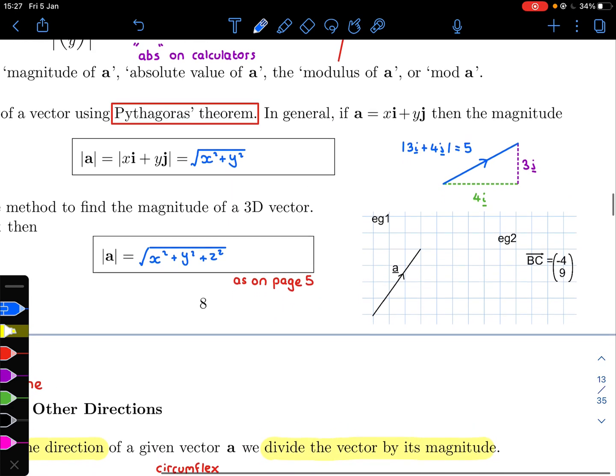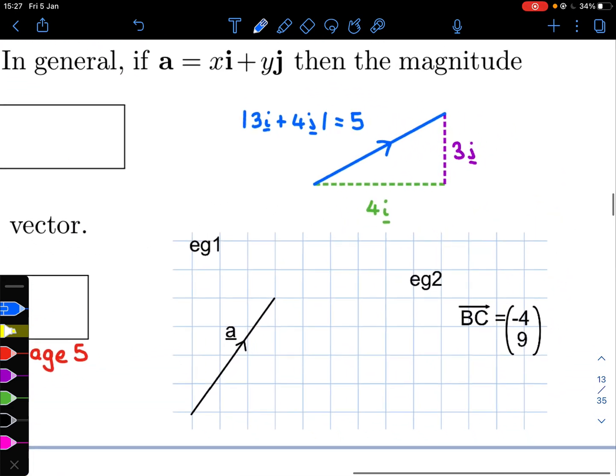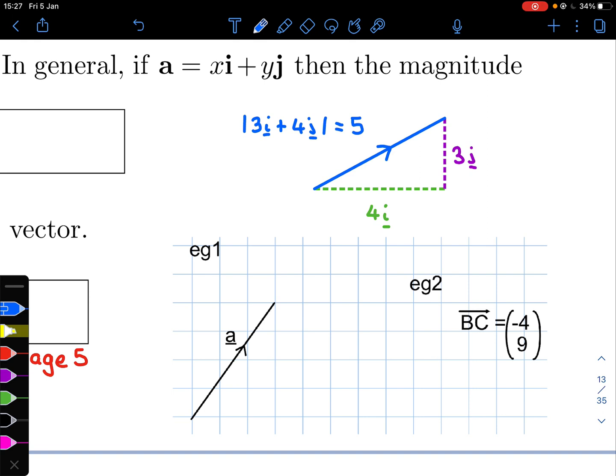So just a couple of examples here. The one I've drawn, the vector 3i plus 4j, I've used the wrong numbers there. So that's the blue vector. And if we want the length of that vector, it's a 3, 4, 5 triangle.